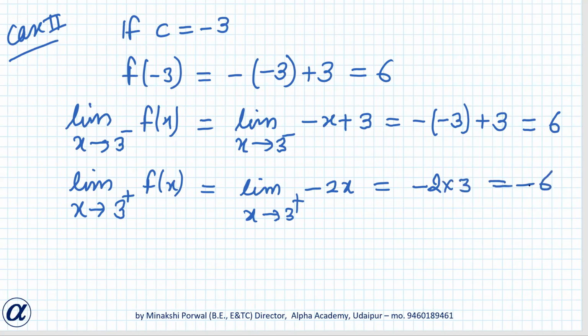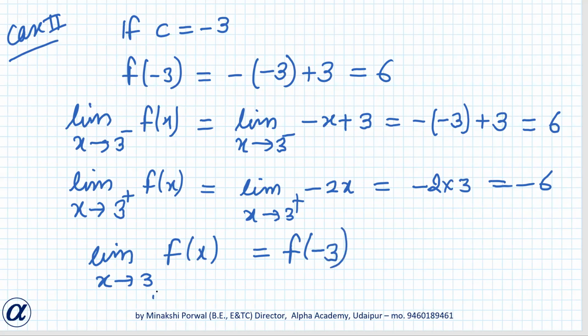So limit x tends to minus 3 of f(x) equals f of minus 3. So f is continuous at x equals minus 3. But it will be minus 2 into minus 3, no?